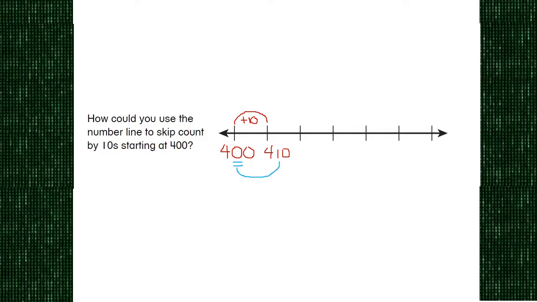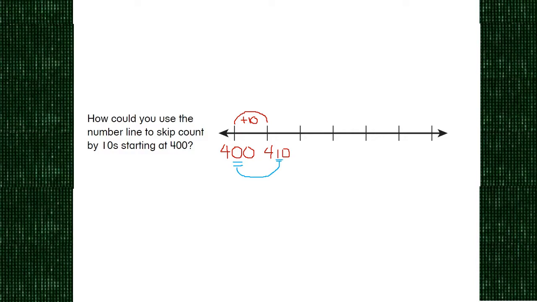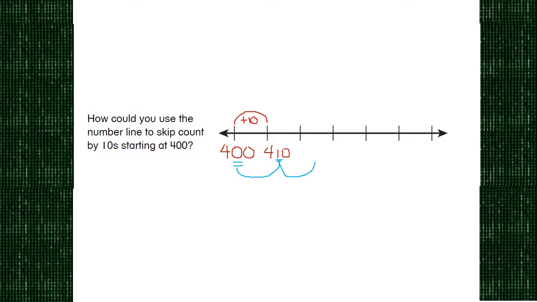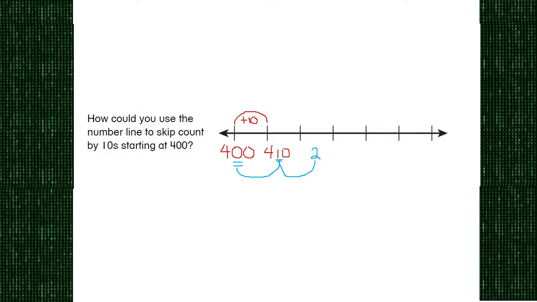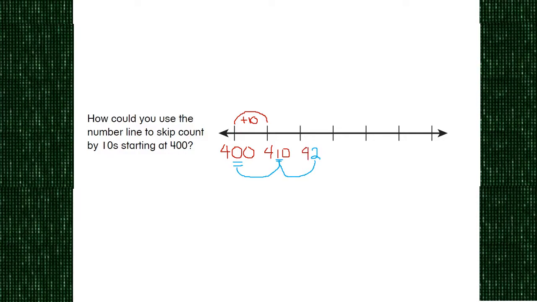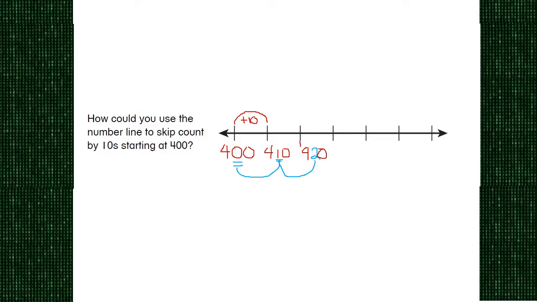So here we went from 0 to 1. If we increase the tens digit again, it should go from 1 to 2. And the other numbers aren't going to change. 420. That's where we are right here.